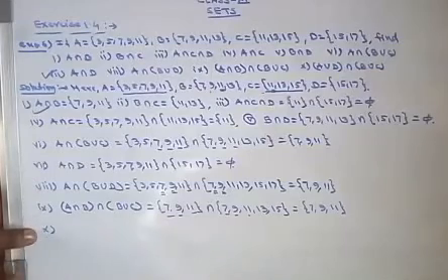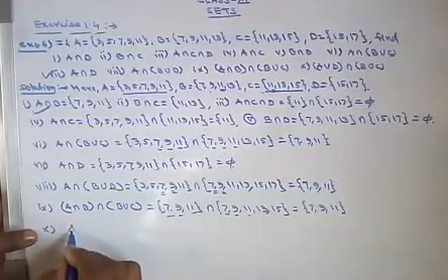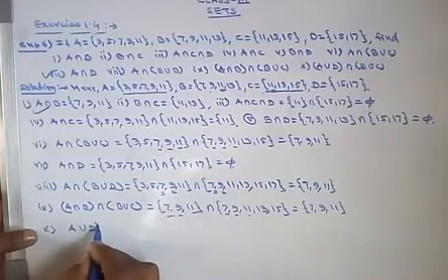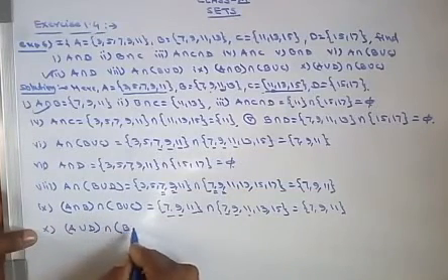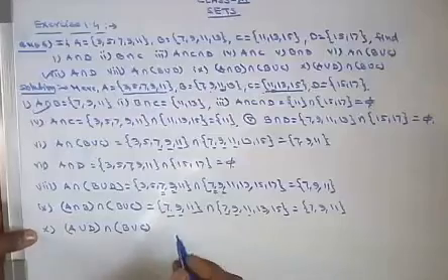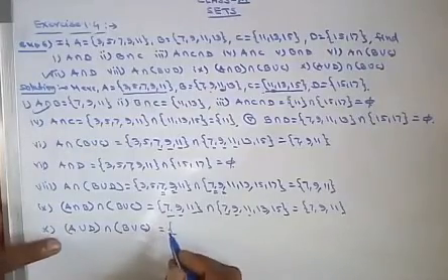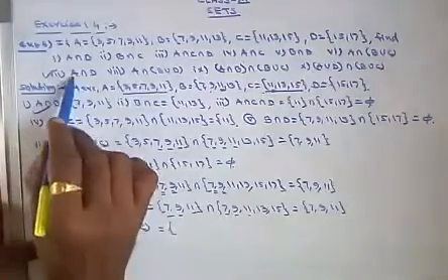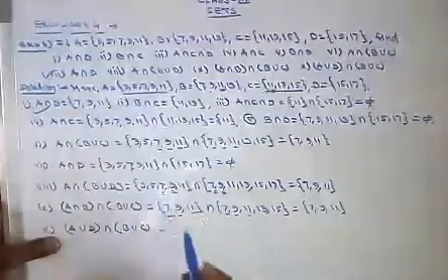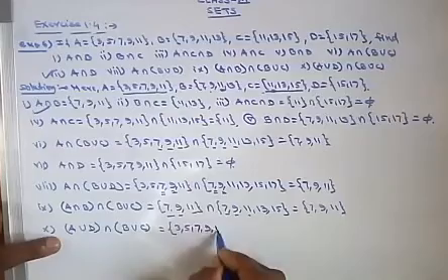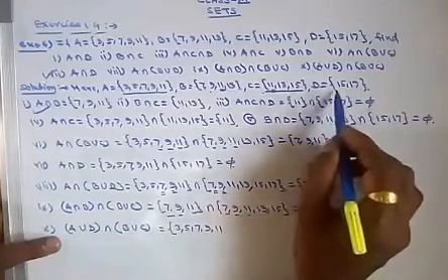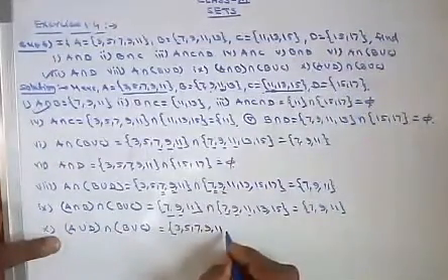Then take 10th. 10th is A union D intersection B union C. So A union D. What is A? 3, 5, 7, 9, 11. See D: 15 and 17.